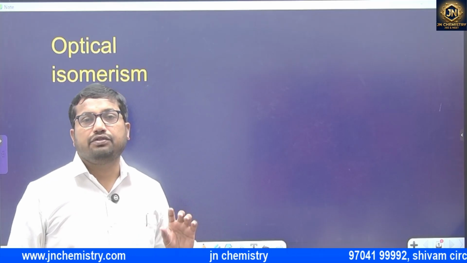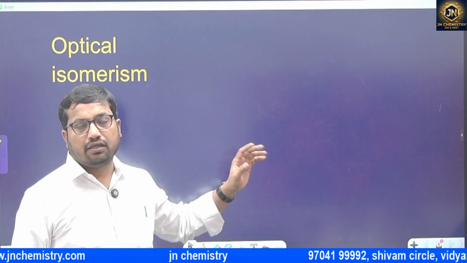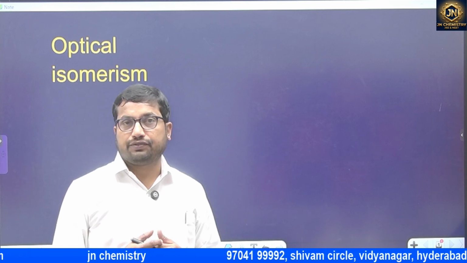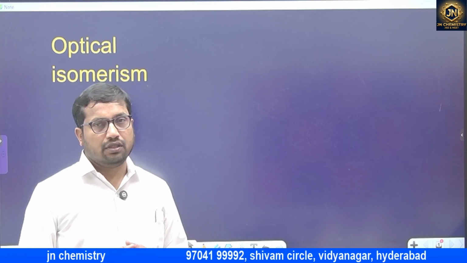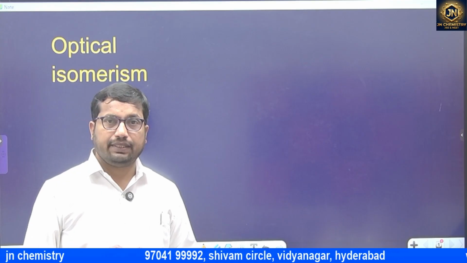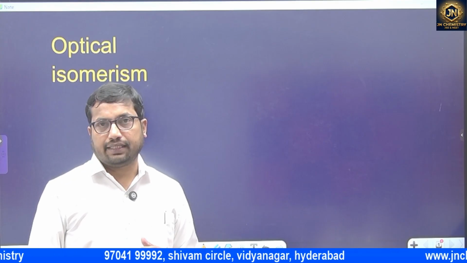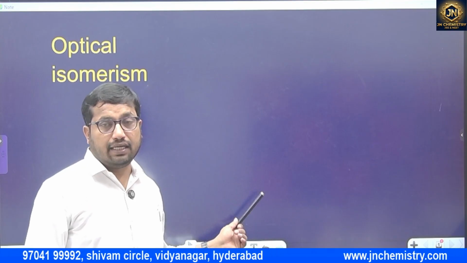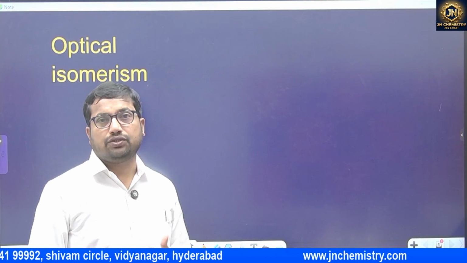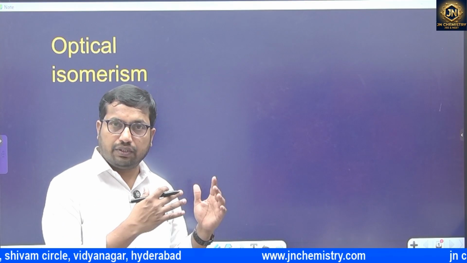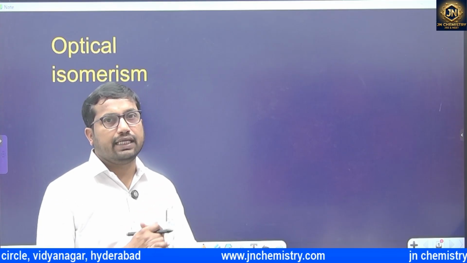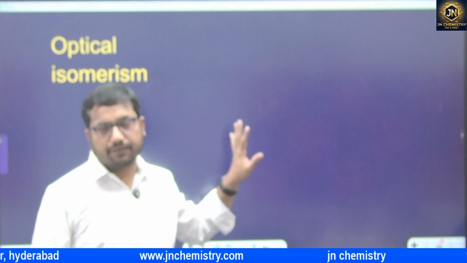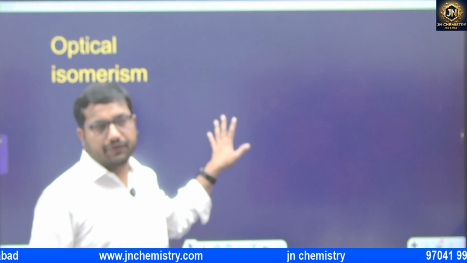Then we will see its optical activity either clockwise or anti-clockwise, and which type of compounds will exhibit optical isomerism, what is plane of symmetry, what is center of symmetry, and what is axis of symmetry, and counting of optical isomers in case of symmetrical and unsymmetrical, what is meso compound, what is enantiomeric pairs, what is diastereomeric pairs. So all these things we will discuss in this particular optical isomerism, somewhat important.